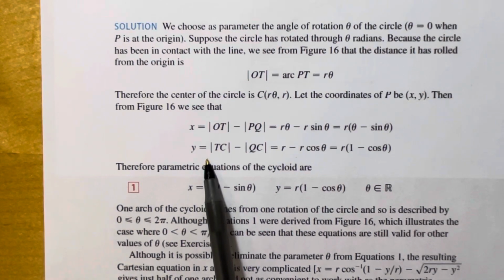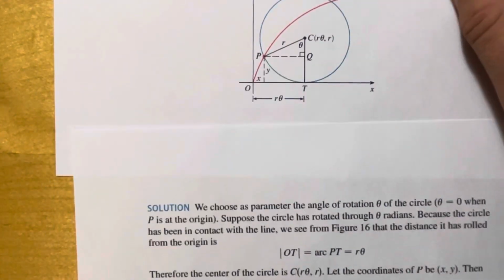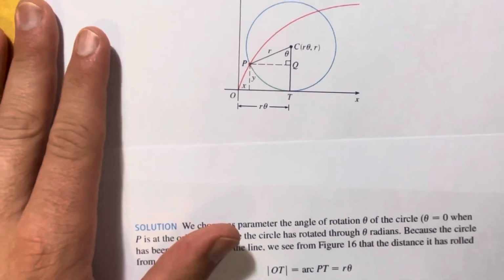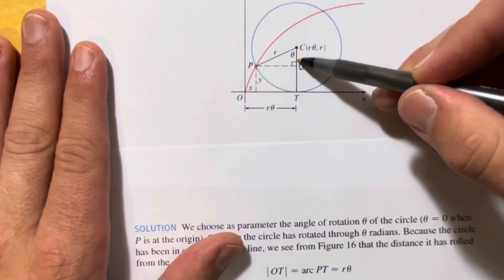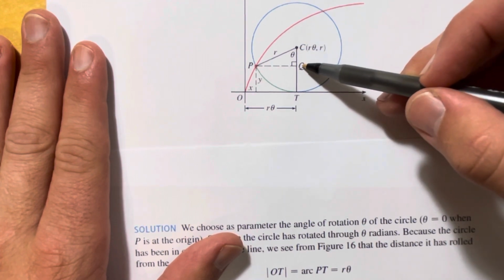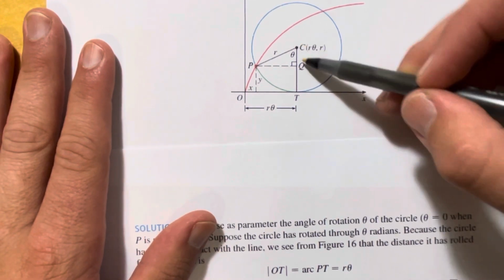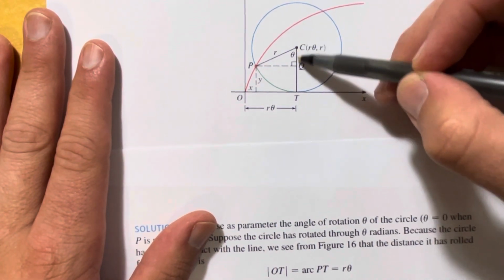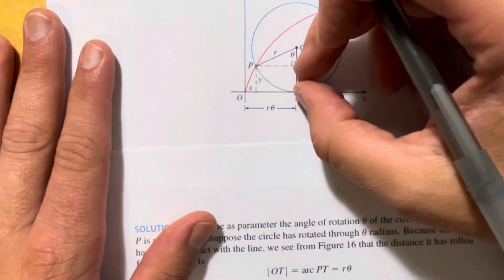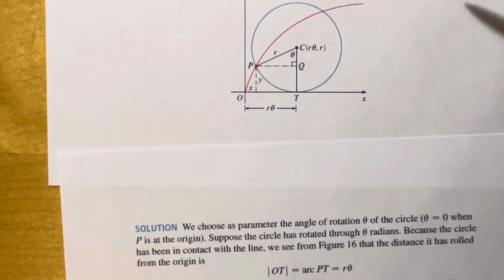Y, I can find in somewhat of a similar way, TC minus QC. Where are those in our picture? Well, TC is this guy right here, and we're subtracting QC, which is this other leg of our right triangle, because that would leave us with this length right here, which corresponds to the y-coordinate of our P right there.